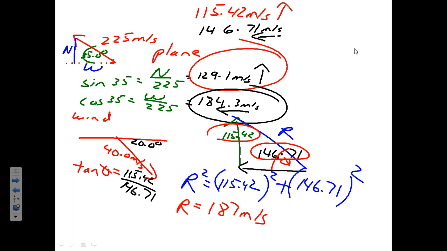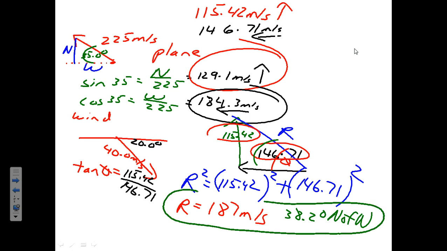So we divide that out, 115.42 divided by 146.71. We take the inverse tangent, so we get 38.2 degrees. 38.2 degrees what? North of west. So again, that means start over here at west and go 38.2 degrees toward the north. That is our final answer on that problem.